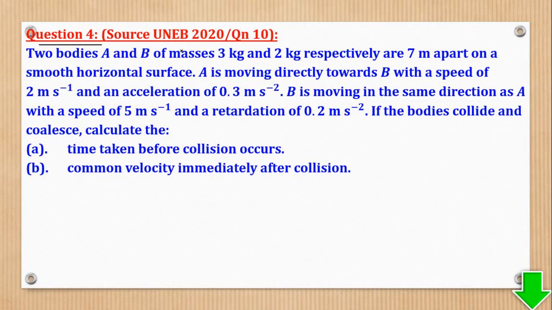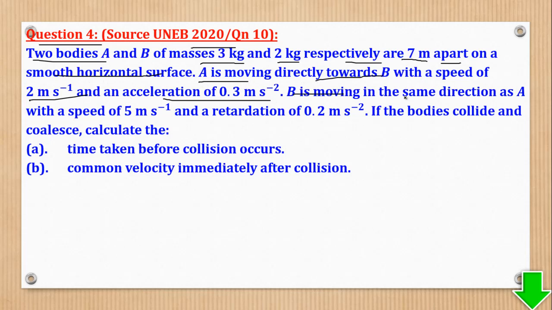Now we shall go to question 4, which came from UNEB 2020, paper 2, question 10. And it says, two bodies A and B of masses 3 kilograms and 2 kilograms respectively are 7 meters apart on a smooth horizontal surface. A is moving directly towards B with a speed of 2 meters per second and an acceleration of 0.3 meters per second squared.